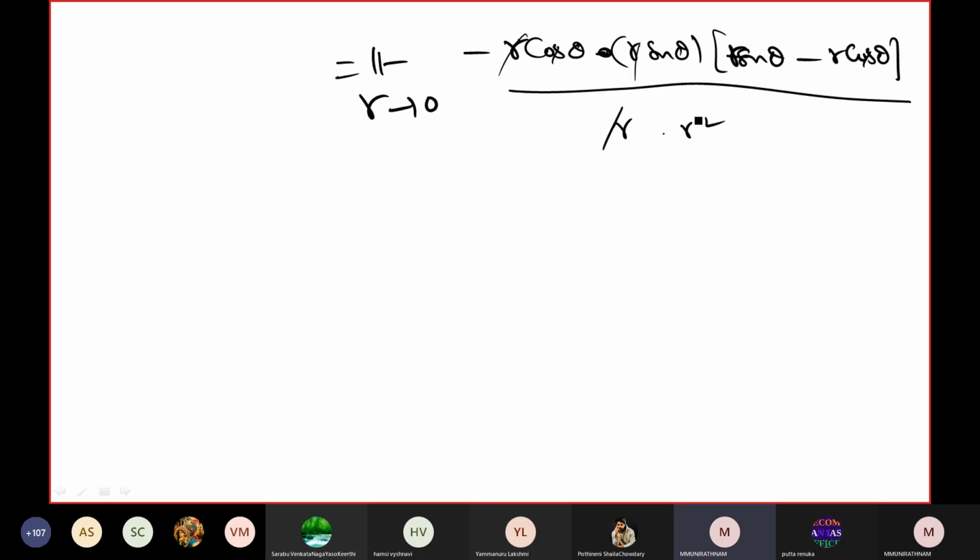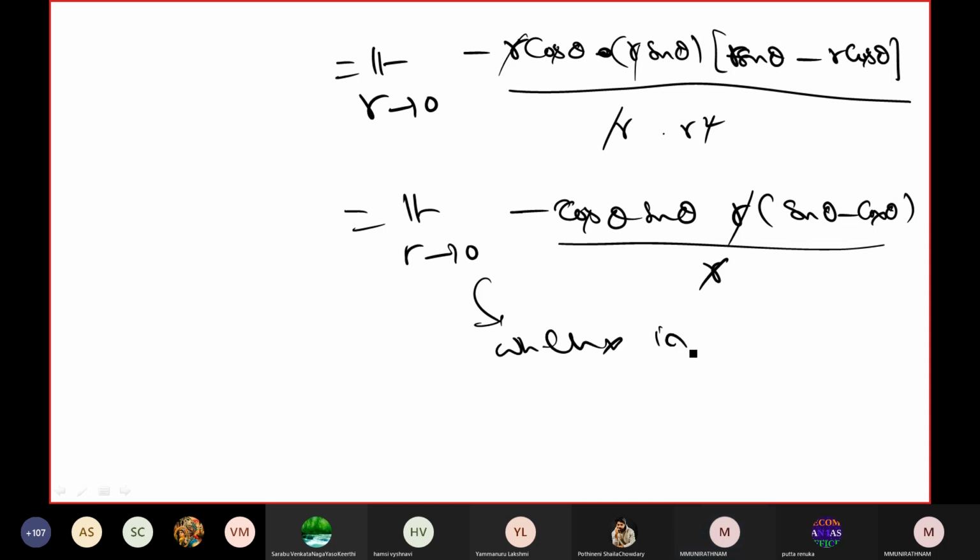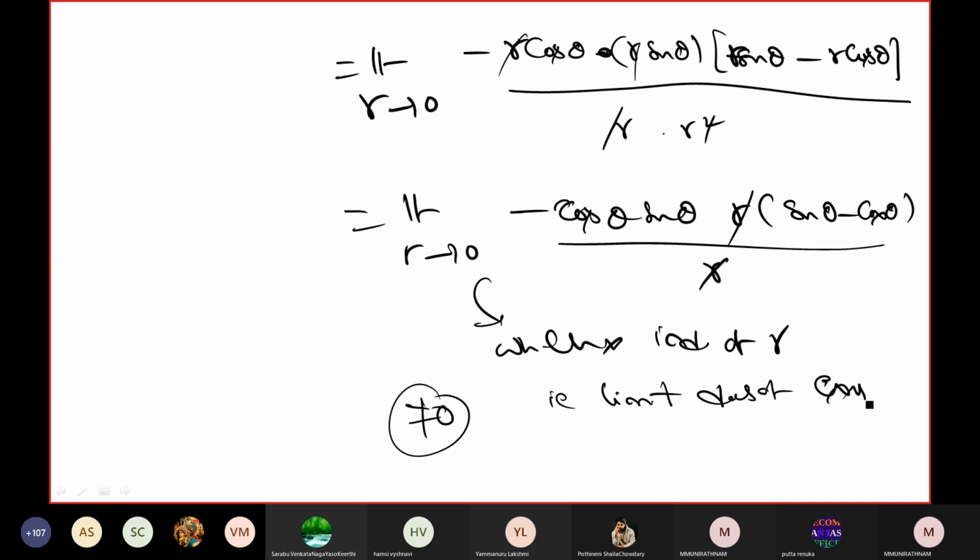The r cancels, so limit r tends to 0 of minus cos theta sin theta, taking r common, sin theta minus cos theta by r. It is independent of r, so it will never be 0. That is, the limit does not exist. Therefore, not differentiable.